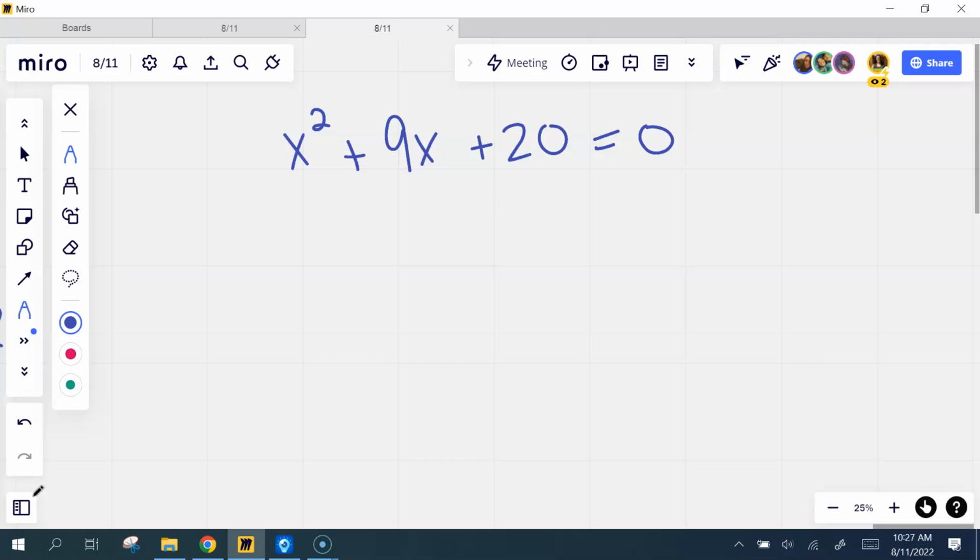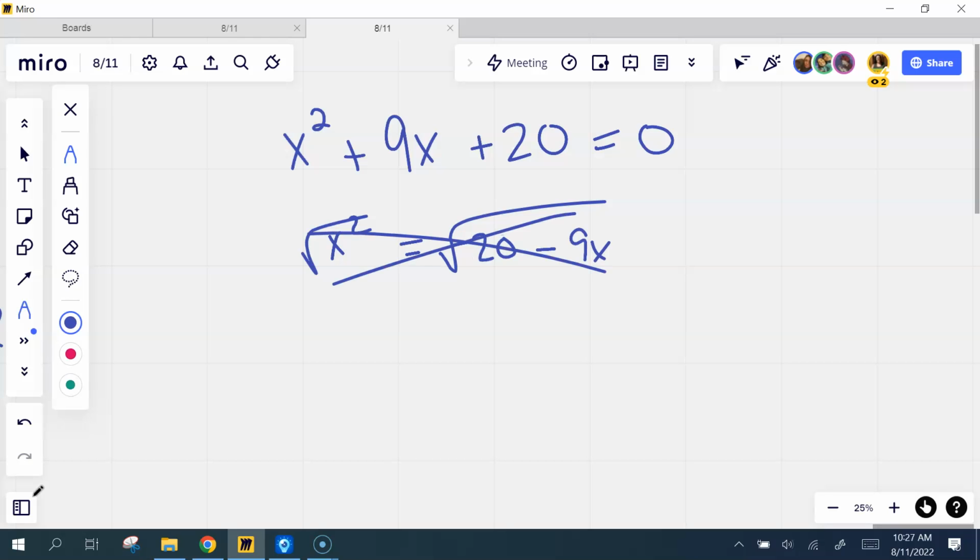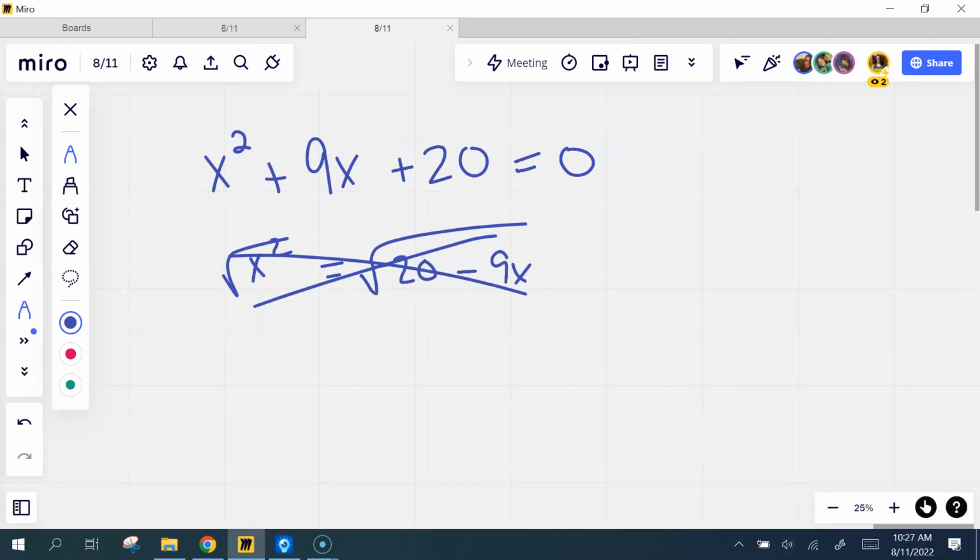Okay, so you're saying I would do... And then I'd take the square root. We're all in agreement that doesn't work, right? Okay, doesn't work.